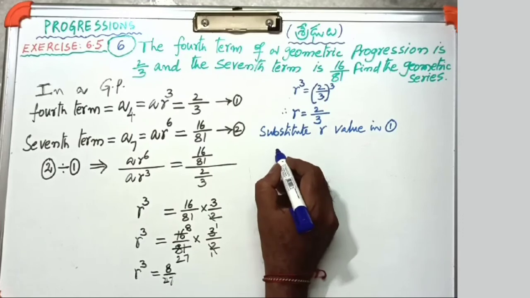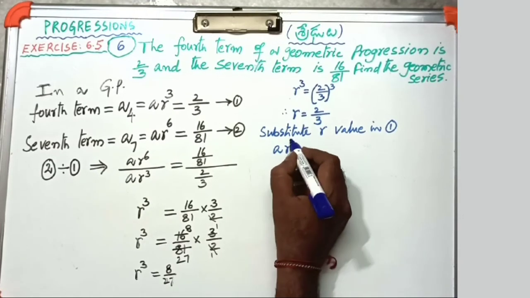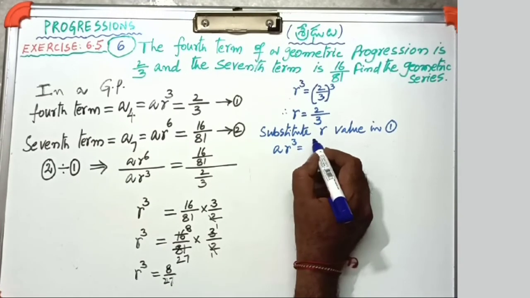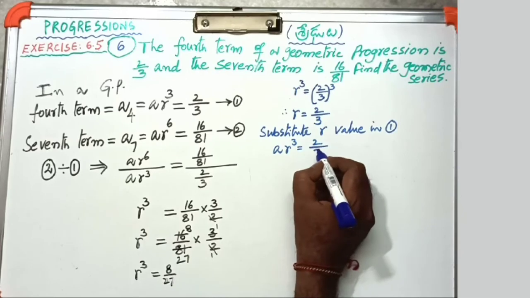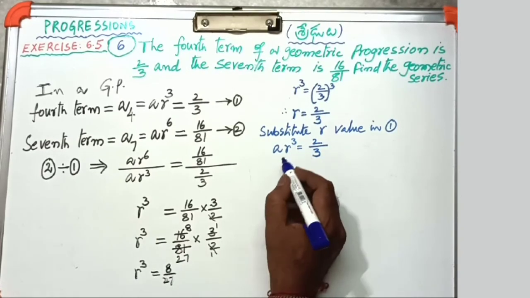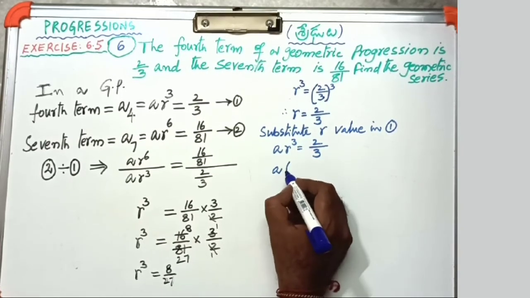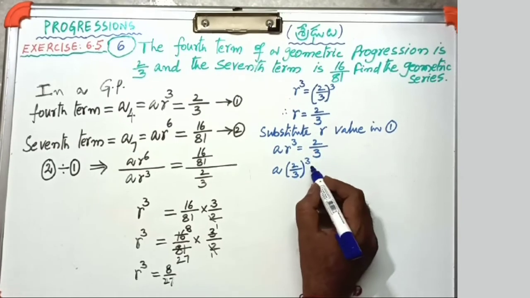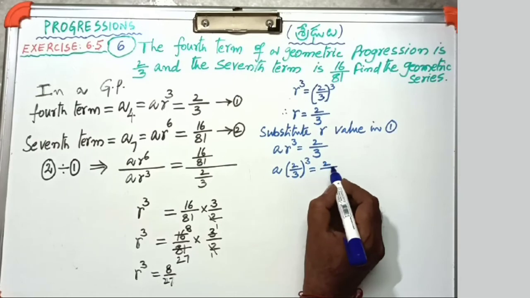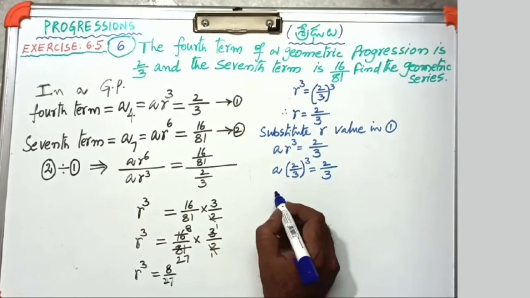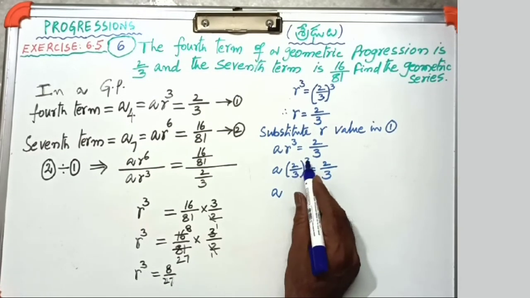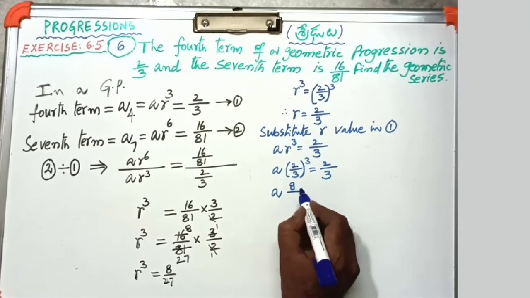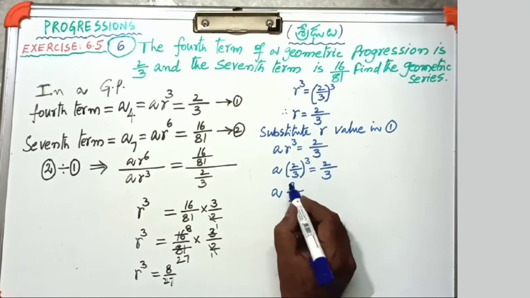What is 1? AR cube is equal to 2 by 3. R is 2 by 3, substitute the R value whole cube, that is equal to 2 by 3. 2 cube means 8, 3 cube means 27.